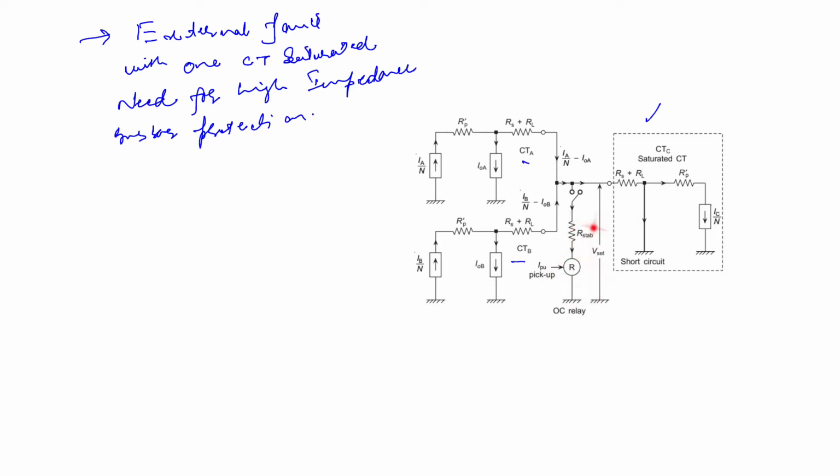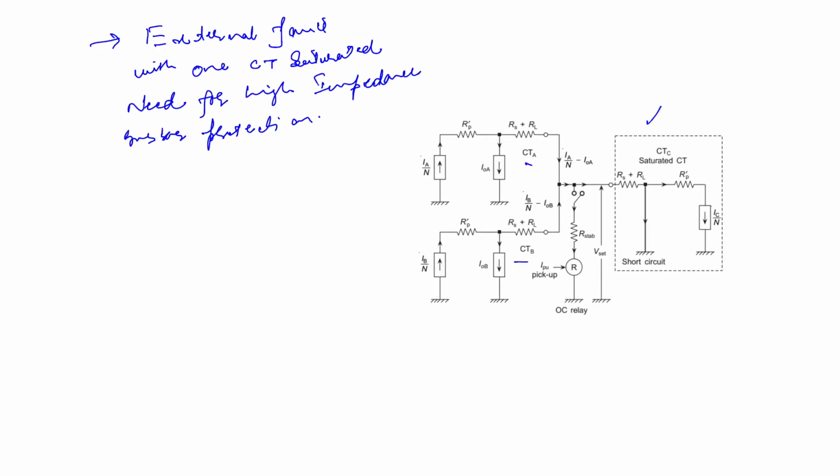The stabilizing resistance should be of such a value that under the worst case of maximum external fault and full saturation of one CT, the current through the overcurrent relay is less than the pickup value. Such schemes are known as high impedance differential busbar schemes.